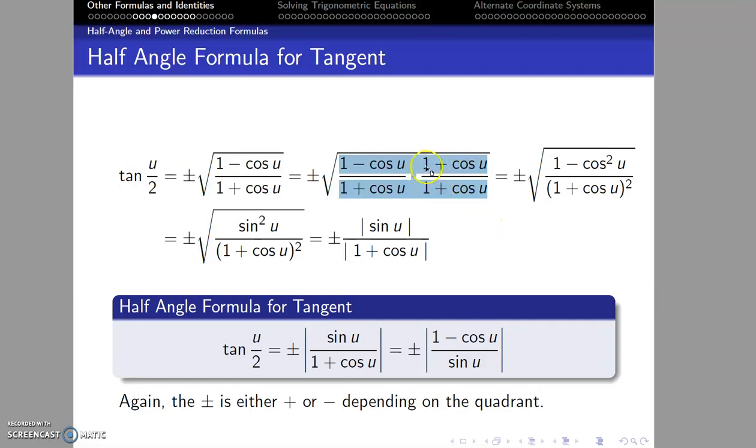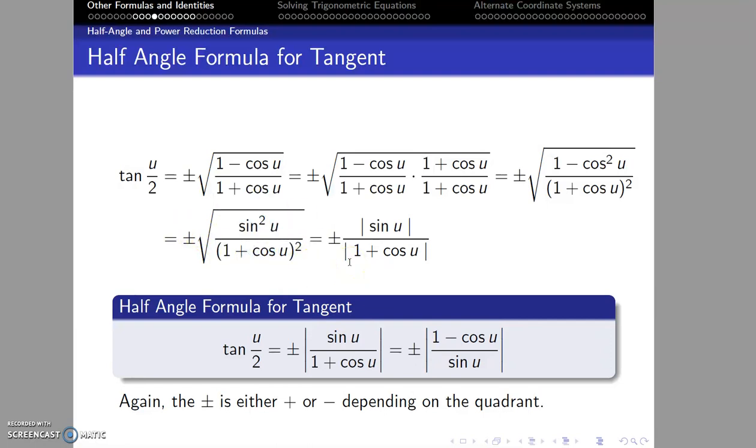Multiplying through by 1 plus cosine u, top and bottom inside the square root, gets you to 1 minus cosine squared u, which is sine squared u, and 1 plus cosine u quantity squared, which is another perfect square in the denominator. So after you take the square root of sine squared, you get sine. After taking the square root of something squared, you get that something. All inside absolute value, though, because sine squared is always positive. This perfect square is always positive. That square root's always positive.